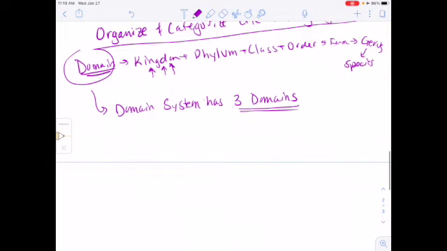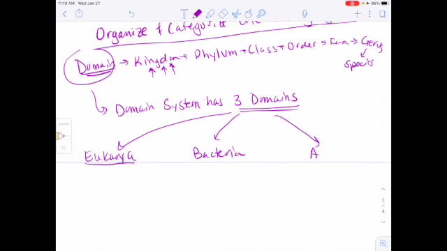And the three domains are eukarya, bacteria, and then archaea. Sometimes it's called archaebacteria, but let's just call it archaea.